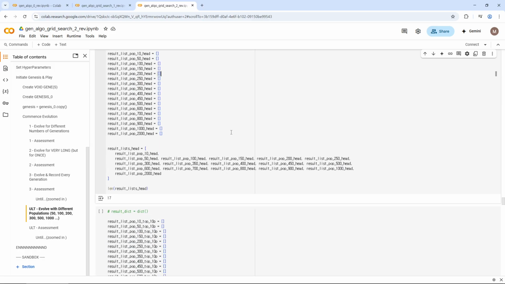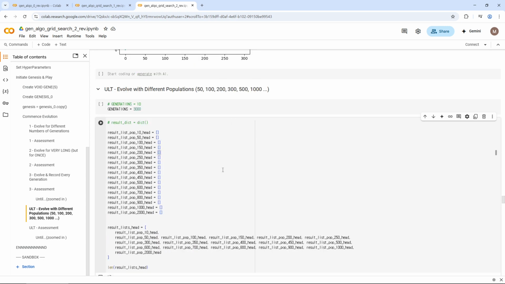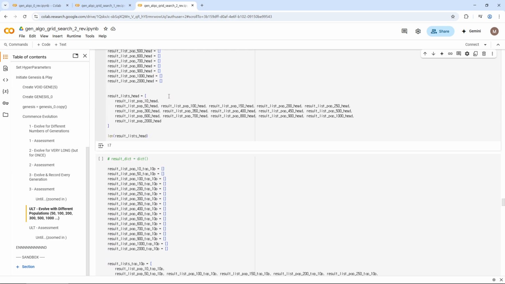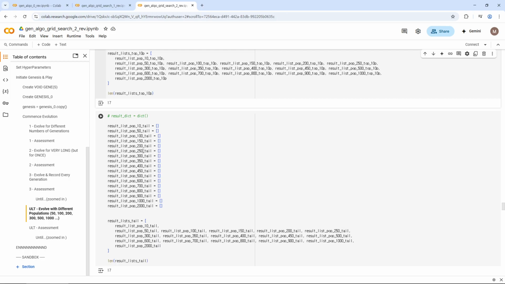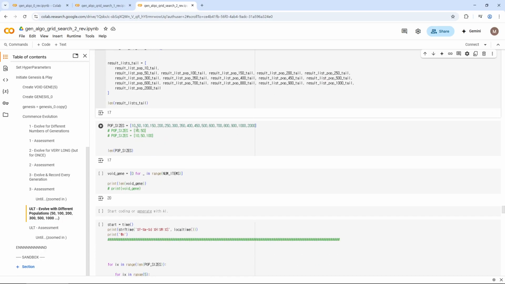So double there. In this case, I kept track of three assessment metrics: heads, the top 10%, and the tails. I left out the top 20% in this case. And the population size goes from 10, 50, 100, 150, 200, 250, 300, 350, 400, 450, 500, and then 600, 700, 800, 900, 1000, 2000.